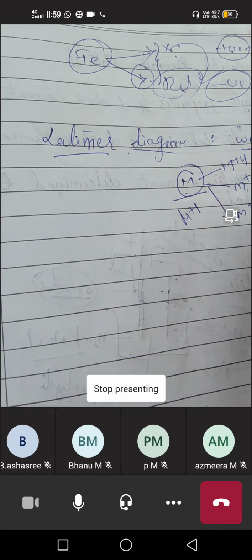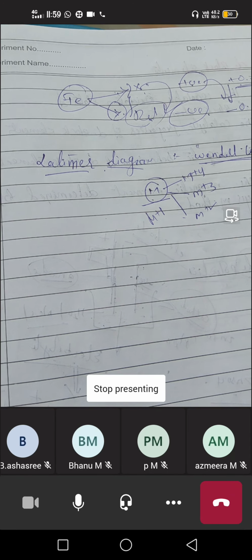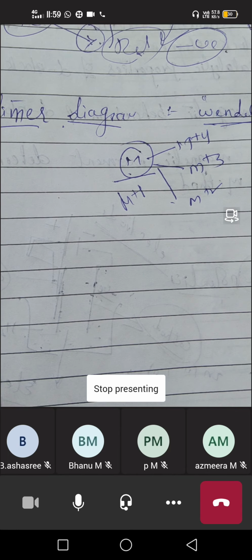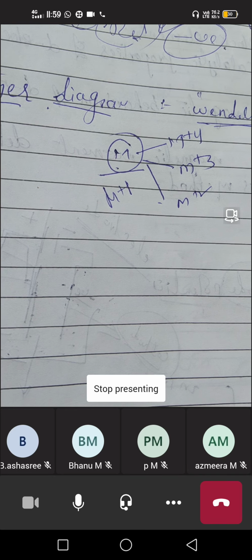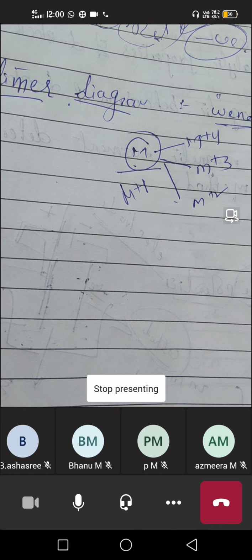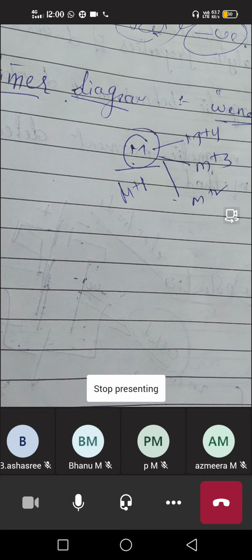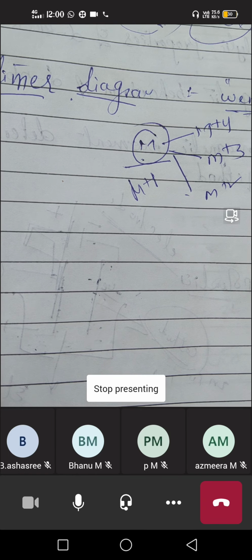So we have different variable oxidation states for a metal. Among these, which is most stable, which is least stable, which acts as a good oxidizing agent and which as a good reducing agent, and the concept of disproportionation reaction, are all explained by the Latimer diagram.